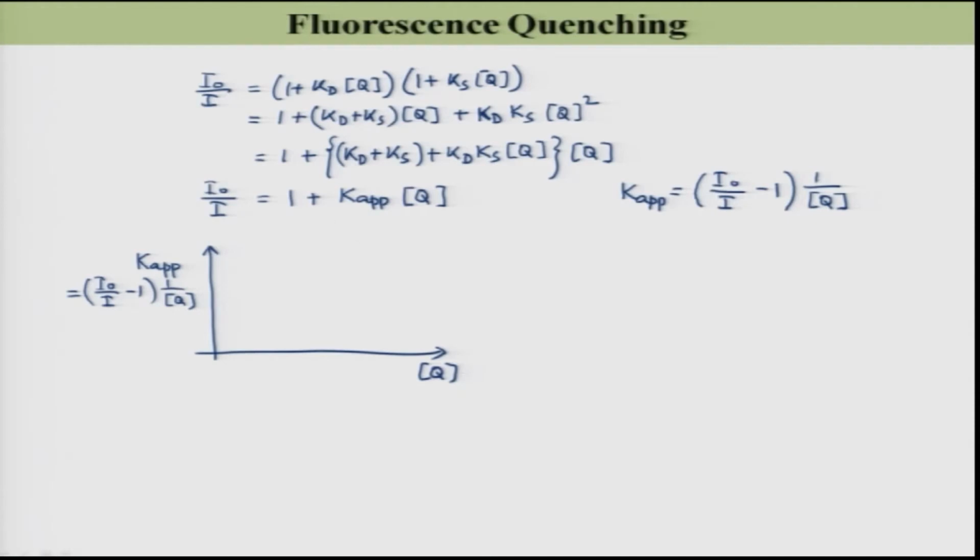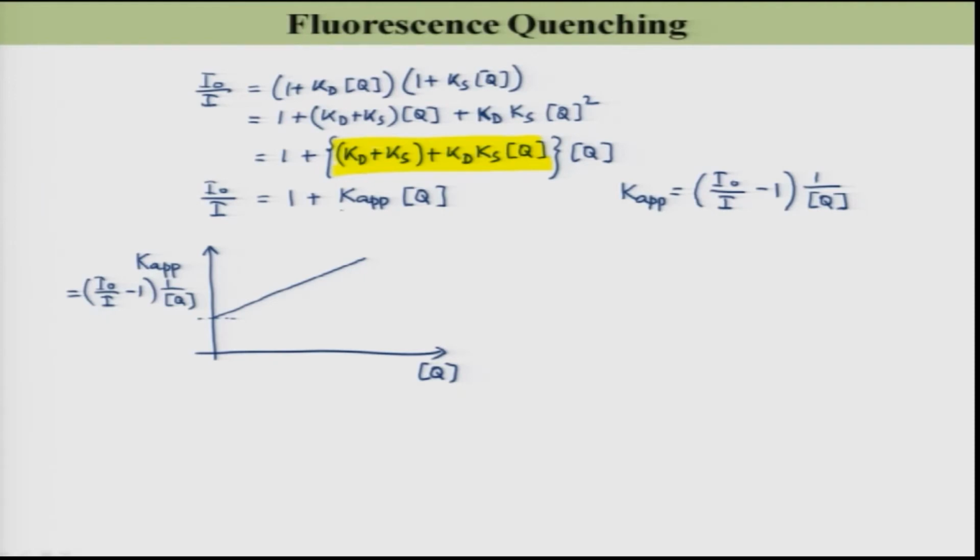I will get simply a straight line, because here you see K apparent versus Q, if I plot, I will simply get a straight line, and the intercept will be, here you see, here is my K apparent, let me highlight it, this part, right. So, if I plot K apparent versus Q, how I will going to calculate K apparent? I will going to calculate K apparent by the measured value of I0 and I.